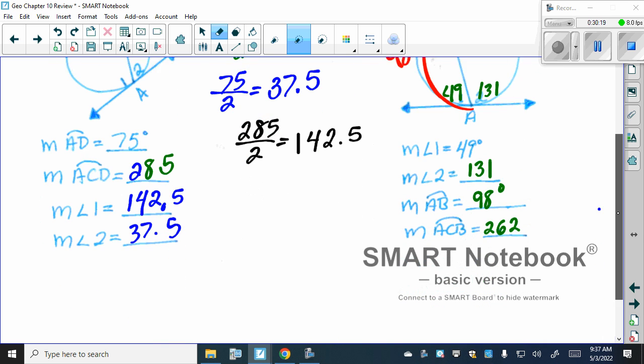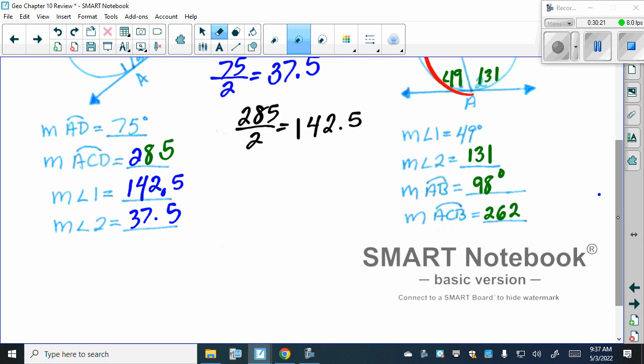Well, you understand how we got 131. Do those two angles make 180? Minus 49 is? Well, to get the arc, it's twice that angle, yes? 131 times 2 is? Any one of those two ways you can go and still get the same answer. Does that make sense? Okay.